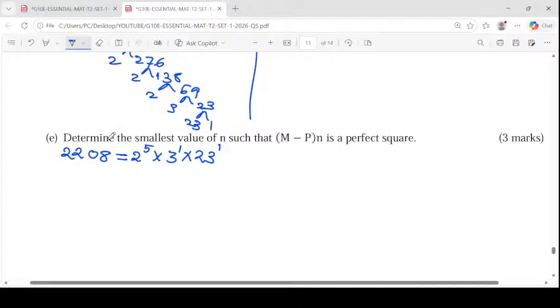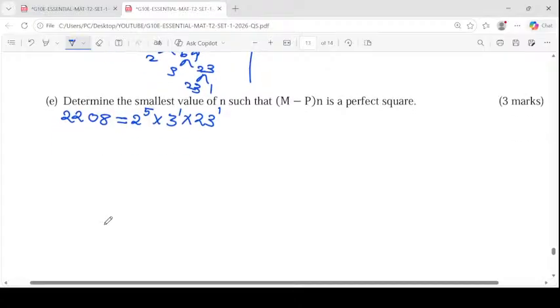How are we going to make this an even number? We are going to multiply. So I'm going to have this as 2 power 5, and I'll multiply this by 2 power 1.